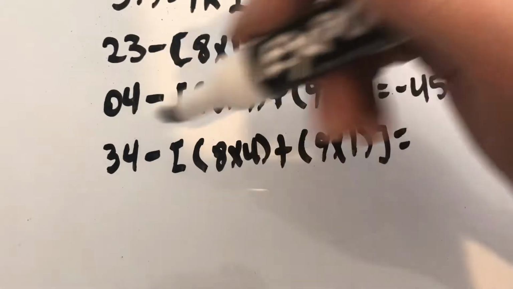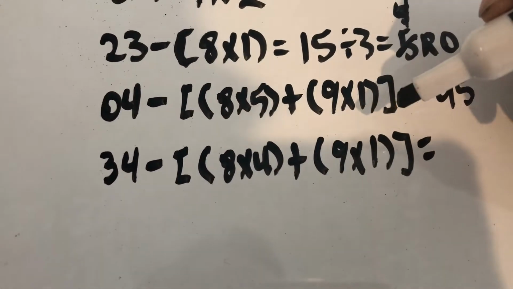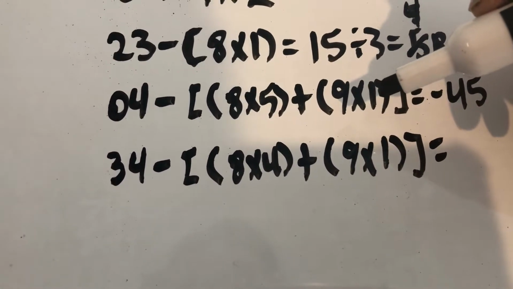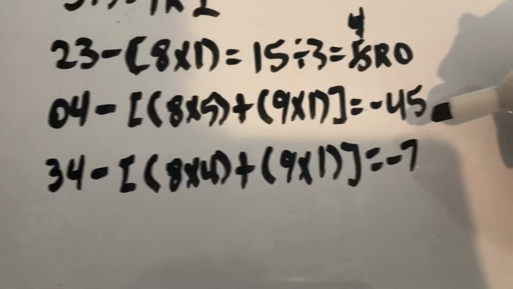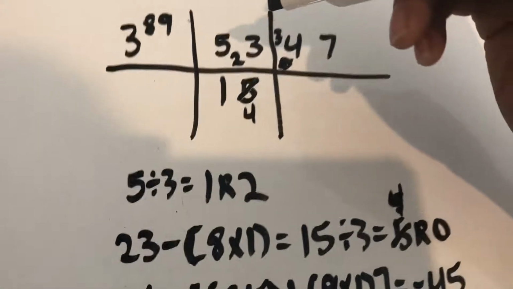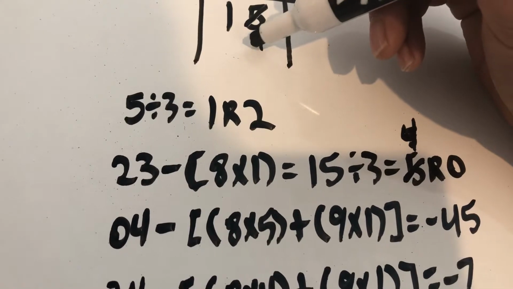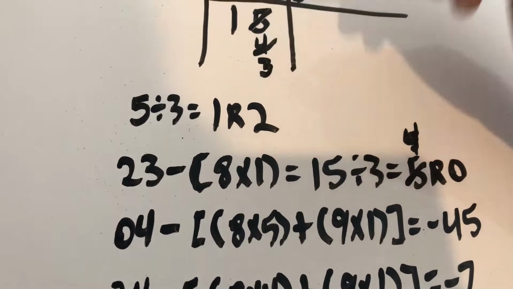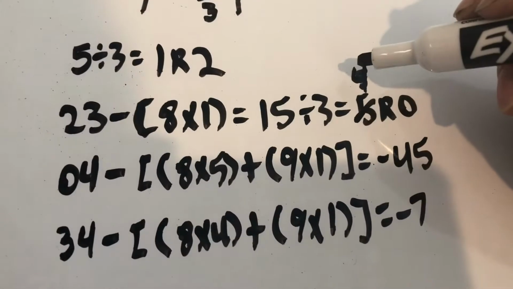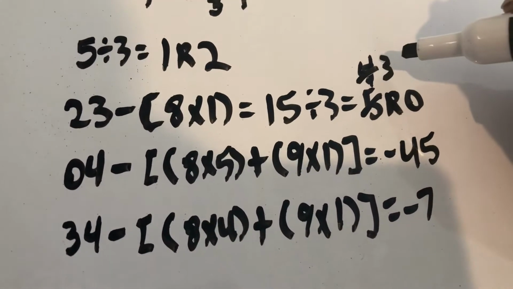So now we can subtract 34 minus 8 times 4 plus 9 times 1, which equals negative 7. Again, we got another negative here. So that means we've got to cancel out some more quotients. So we look up here, cancel out the 4, make this a 3. So we cancel out this 4, make that a 3.